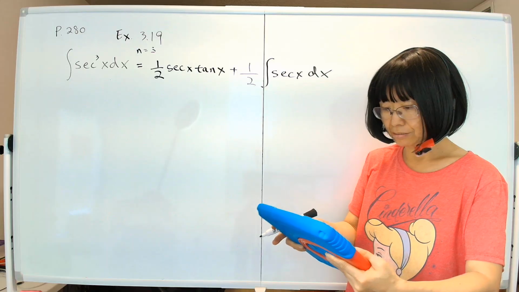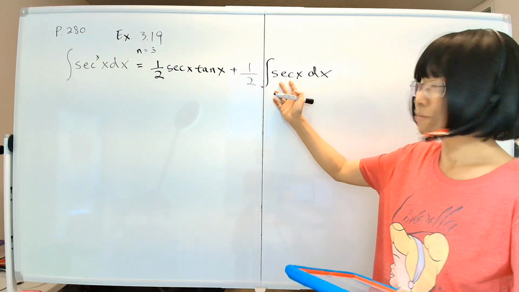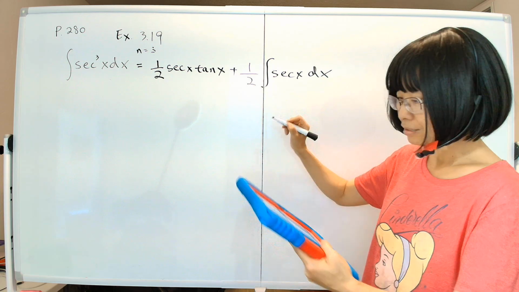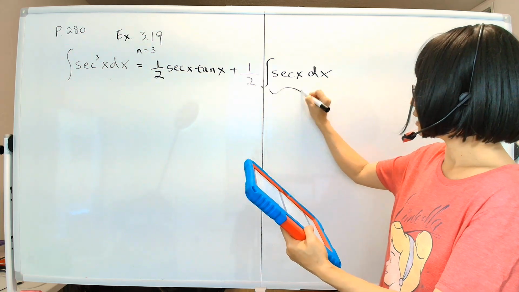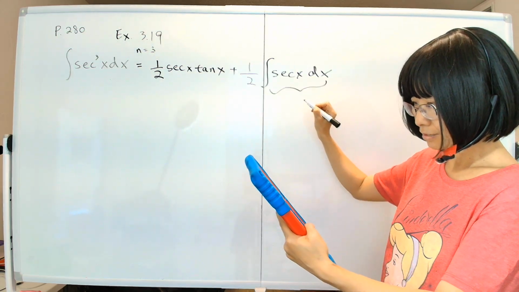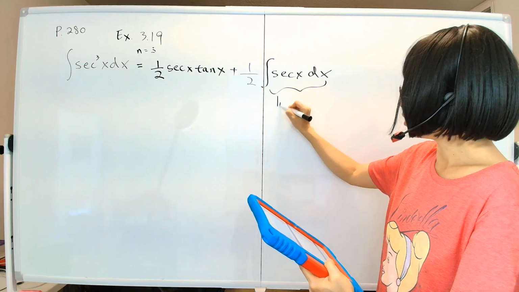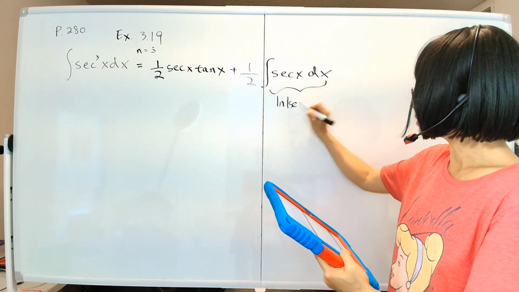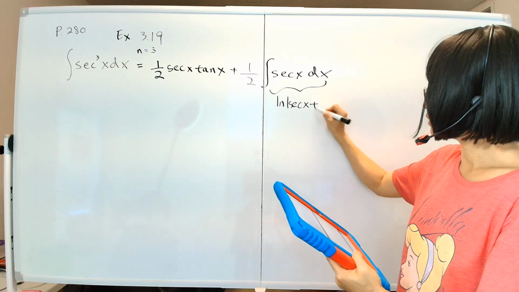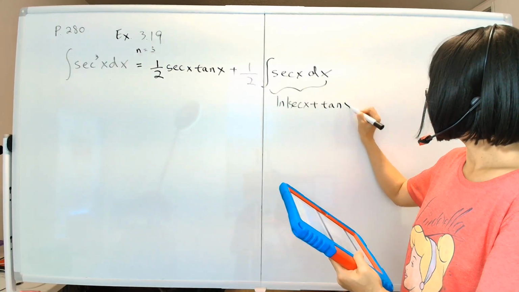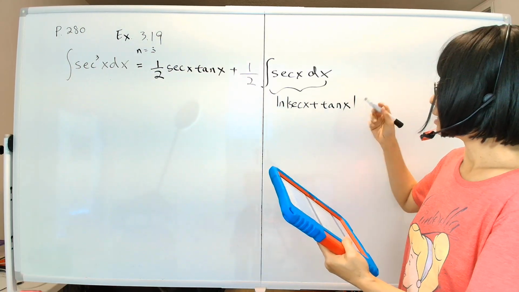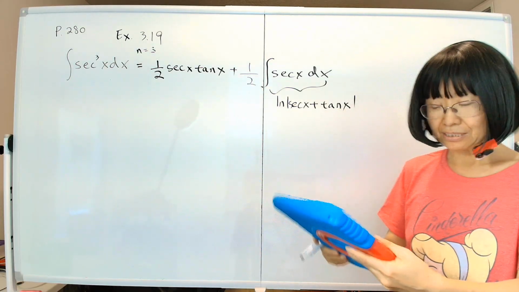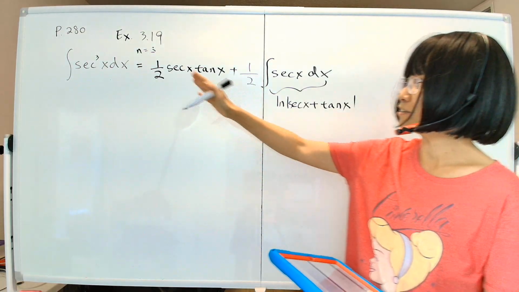Remember, the integral of secant x is already given, we calculated it to be the natural log of secant x plus tangent x, like that. And then that's about it. And don't forget to multiply by half. Once we've done that, we see the whole answer.